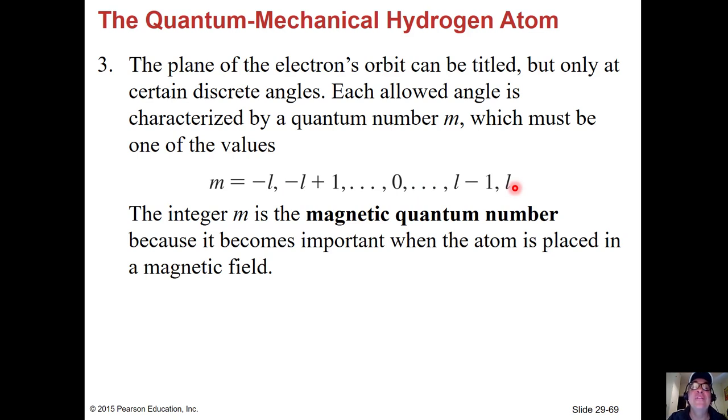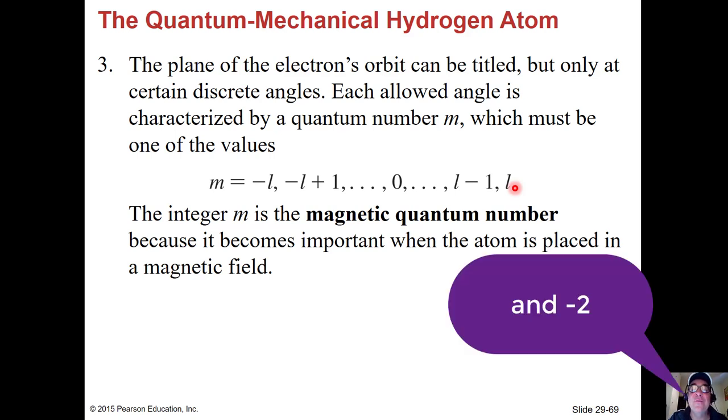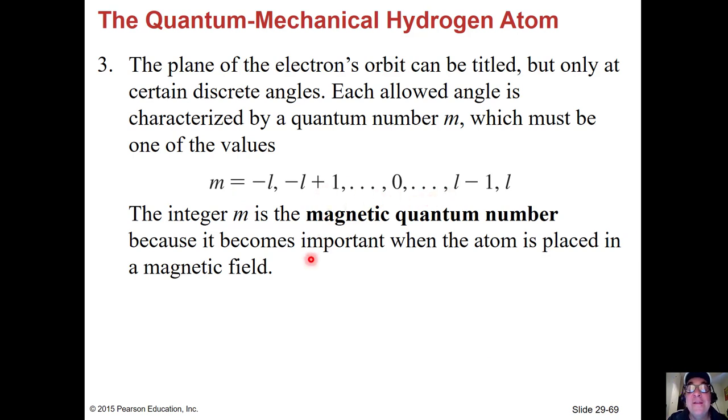So for example, if l is equal to 1, m can be 1, 0, or minus 1. If l is equal to 2, m could be 2, 1, 0, negative 1, and so on. That's how it works out. So there's a range of values for m, and m is based on l. l is based on n.